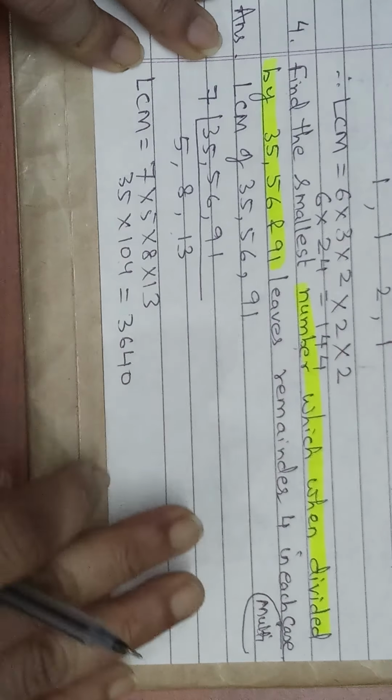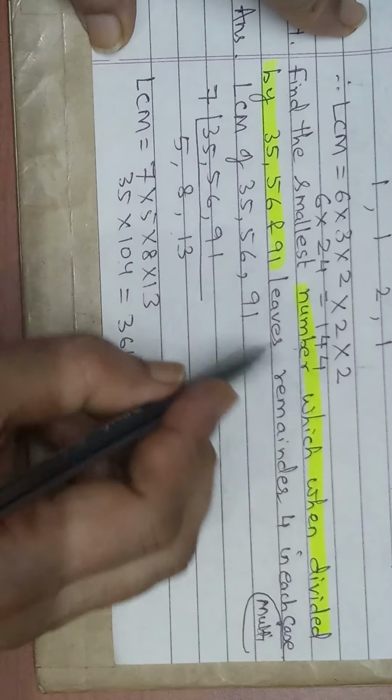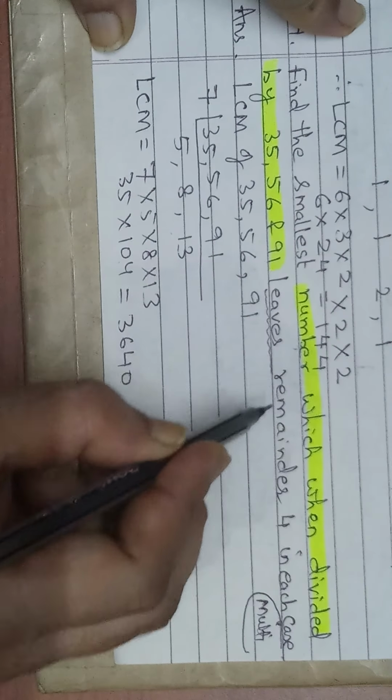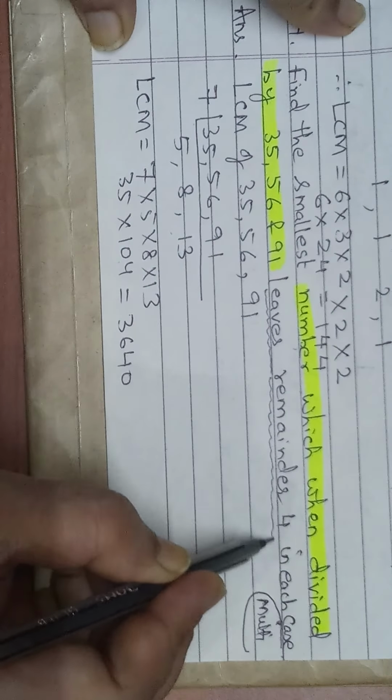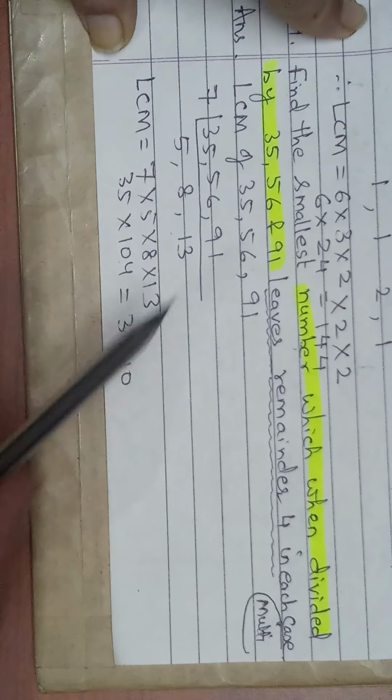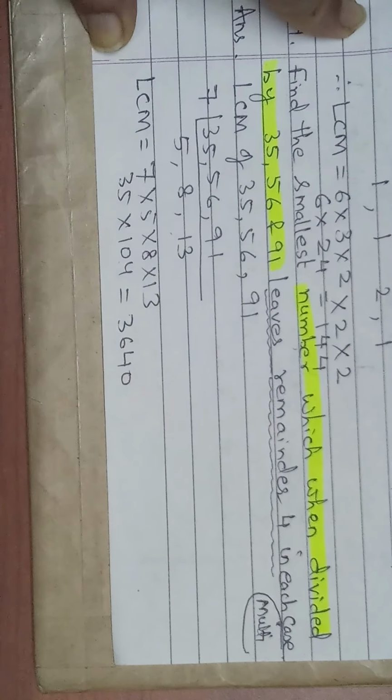Now see, I have not touched the remaining part of the question. I have just worked out a number which is divisible by all these three numbers.